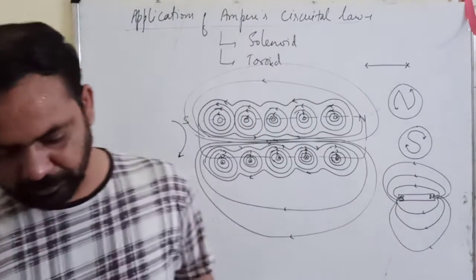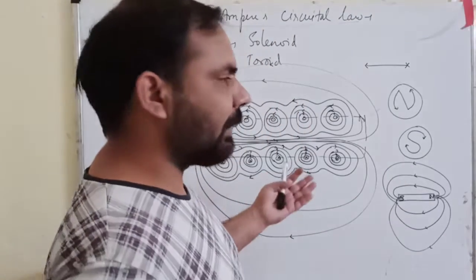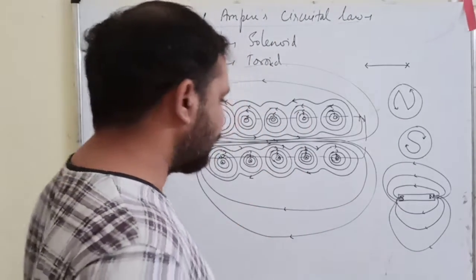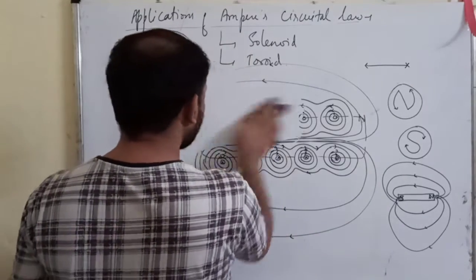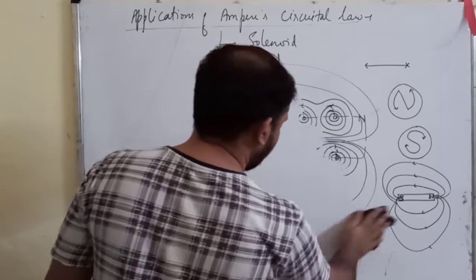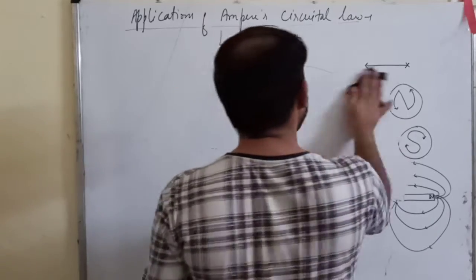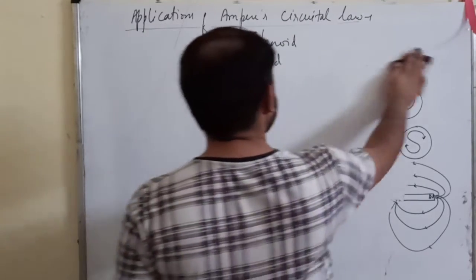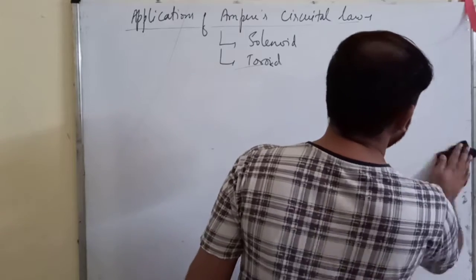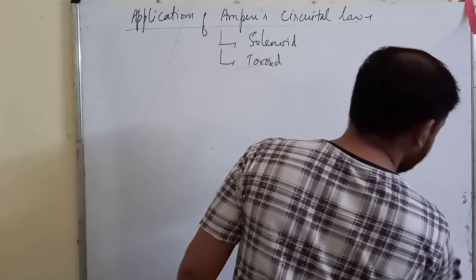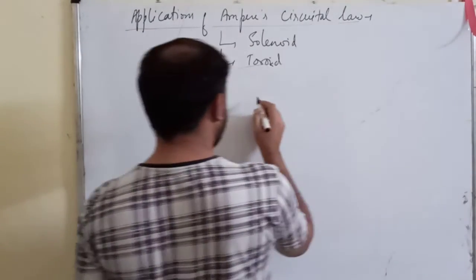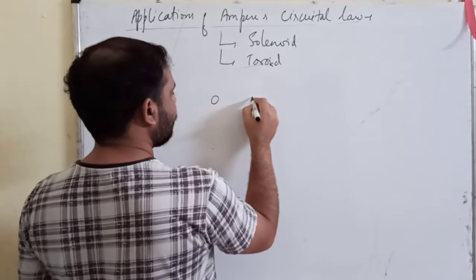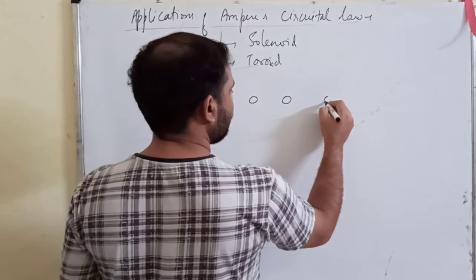All right. This was about the nature of magnetic field due to the solenoid. Now we come to the expression for magnitude. How can you find out the magnitude of magnetic field due to a solenoid? Okay, so again I draw some figures.